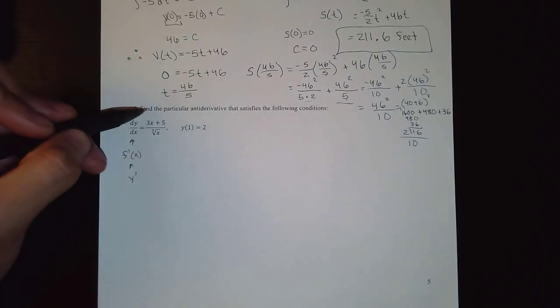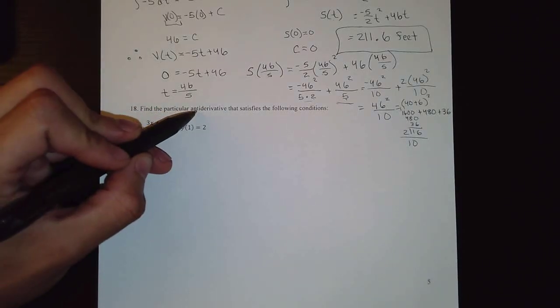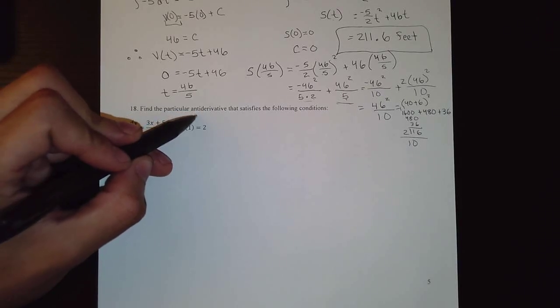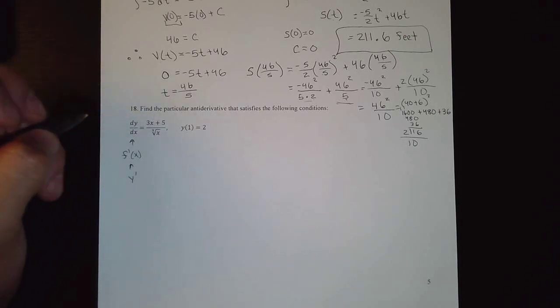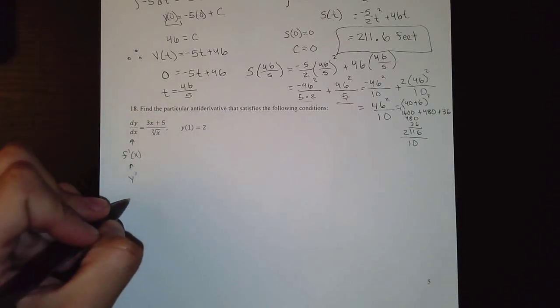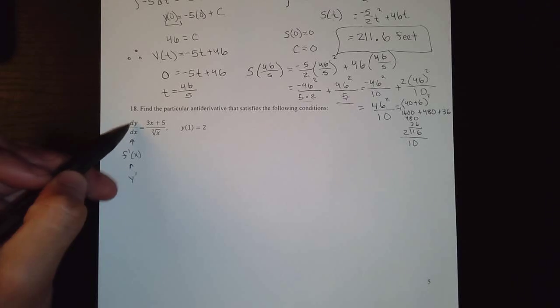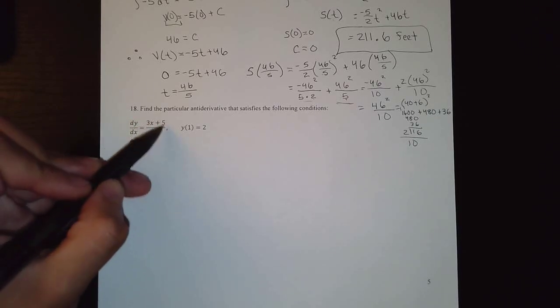So if we need to find the particular antiderivative, that implies that we have to take the antiderivative of both sides. So we would take the antiderivative of this side and the antiderivative of this side.